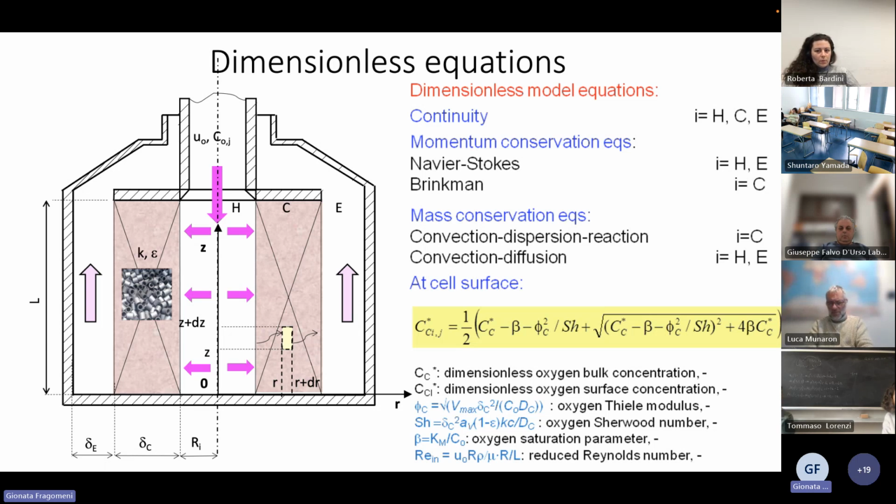We use the Navier-Stokes equation to describe the void space, and the Brinkman law to describe the flow inside the scaffold.